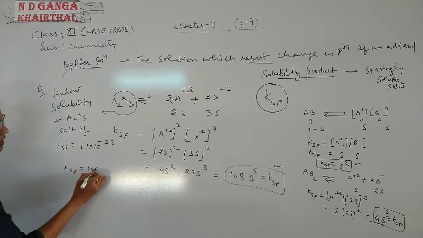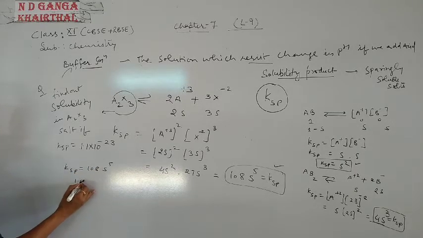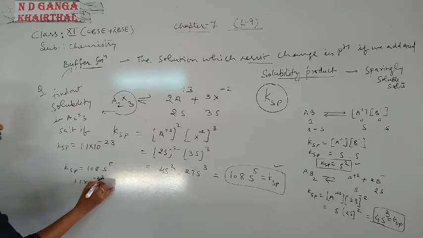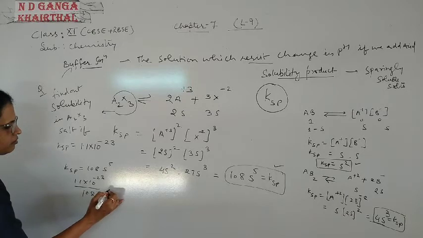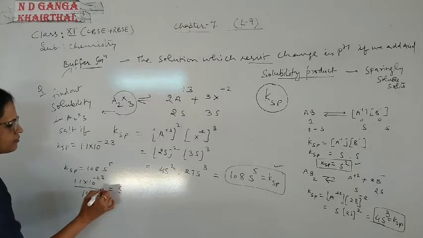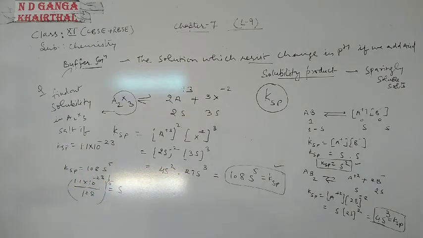Ksp is equal to 108s to the power 5. So 1.1 into 10 raised to power -23 divided by 108 is equal to s to the power 5, and we will take the 1/5 power. Are you getting what I am saying?